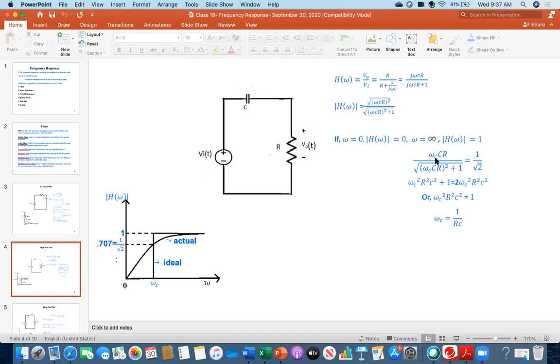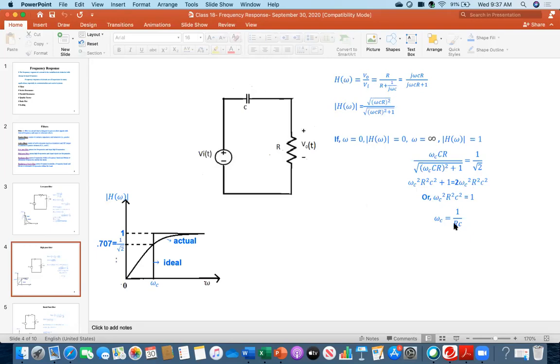So I just wrote omega c RC, and I am equating that with 1 over root 2, this point. Then you square both sides and simplify. Again, you are getting the same thing: omega c is 1 over RC. When omega c is 1 over RC, at that time you are getting 1 over root 2.